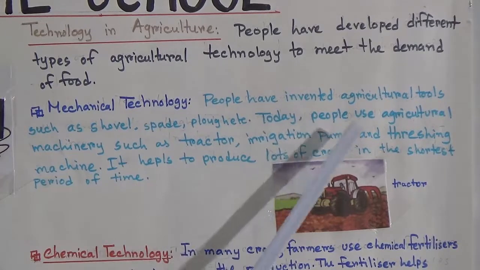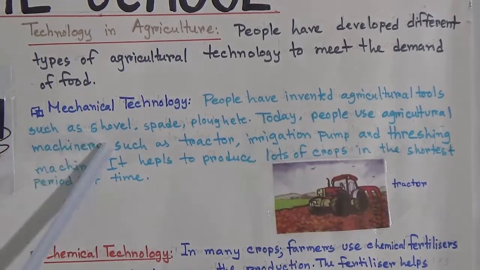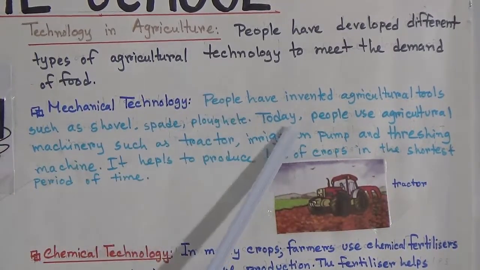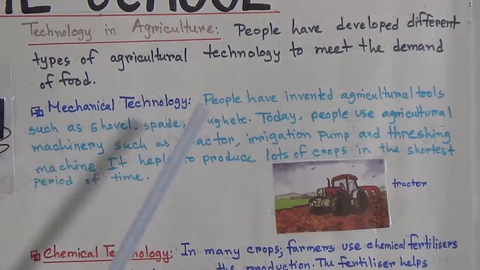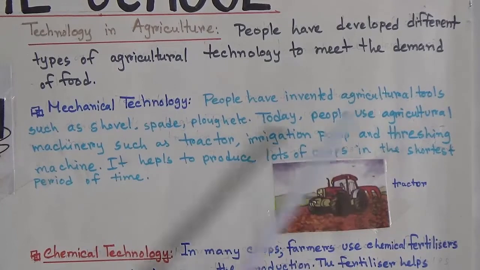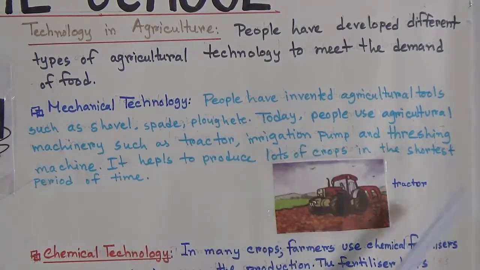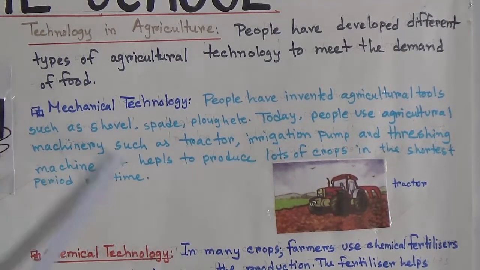People have invented agricultural tools such as shovel, spade, plough, etc. Now today people use agricultural machinery such as tractor, irrigation pump and threshing machine. It helps to produce lots of crops in the shortest period of time. That means by using these mechanical tools, people have developed their methods in agriculture.